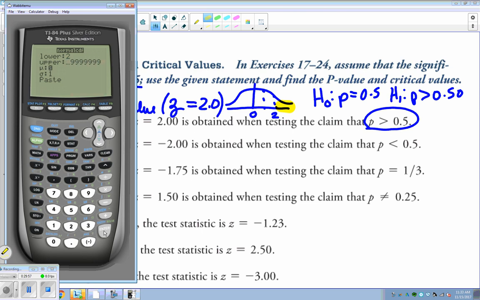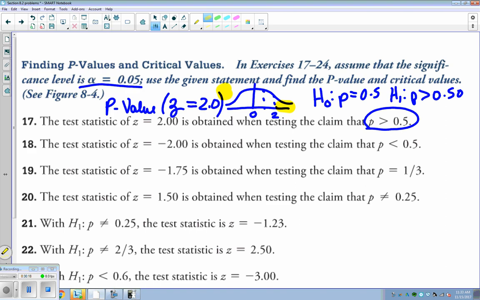And I am on this normal curve, so mu is 0 and standard deviation is 1, and I find the area under the curve at that point, which is 0.0228.